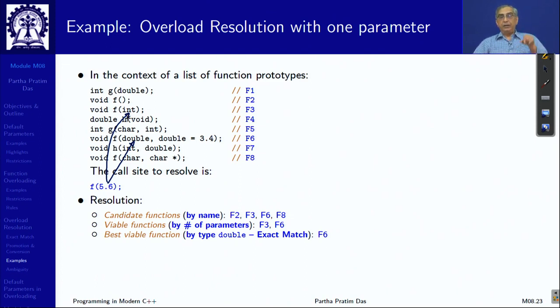The first one is an exact match, double to double, and the second one is a floating point to integer conversion. So, what did I say? Exact match, promotion, conversion, user defined conversion. The topmost, the first, is exact match. So, we have got an exact match here. Therefore, f 6 is my resolution.